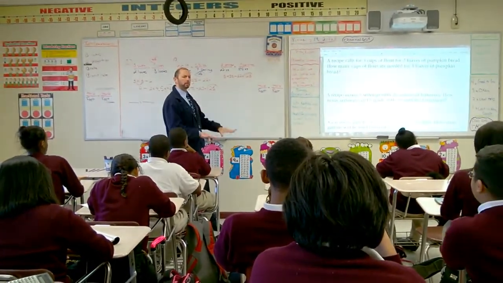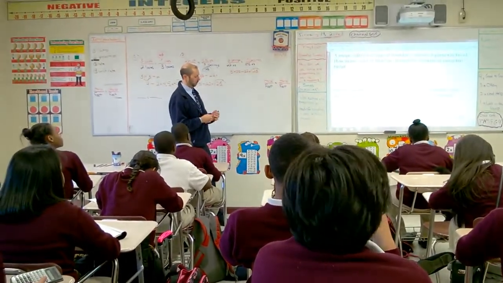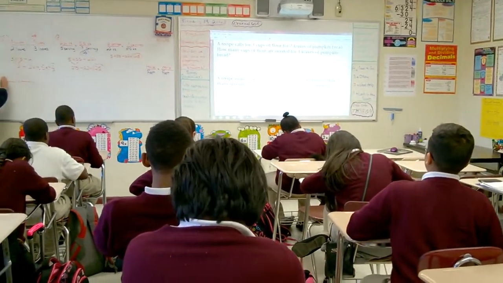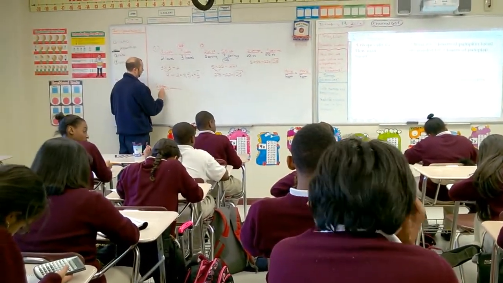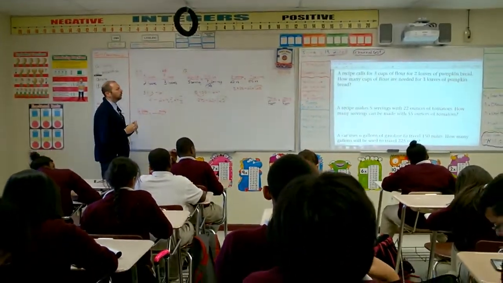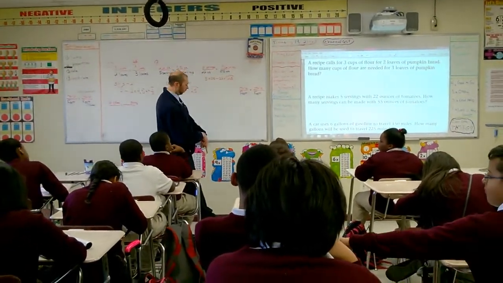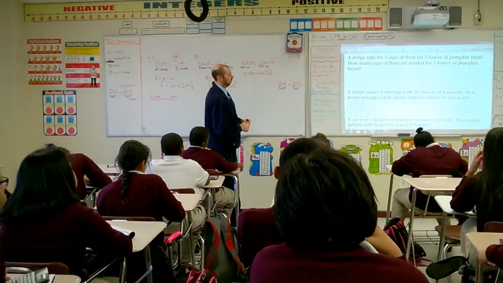What's your proportion? Gallons should be in the hand, and miles should be in the feet. So 6 gallons, that's our left side. What goes with 6 gallons? 150 miles.